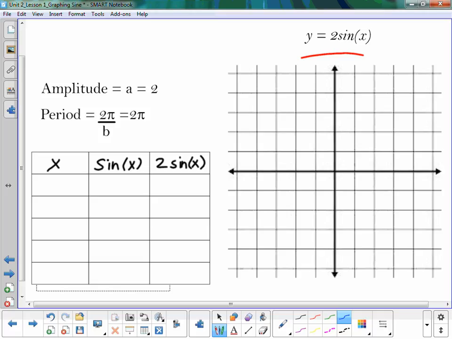Again, if you don't need the tables, don't use the tables, but I advise you to play along if you don't know what you're doing. My x values are not changed because my period stayed the same.